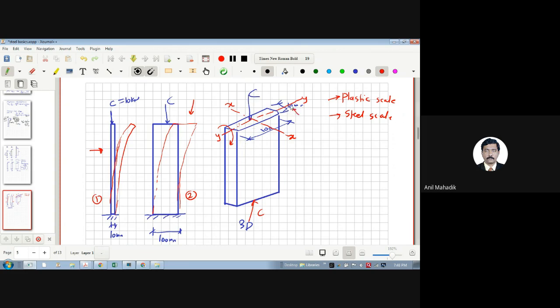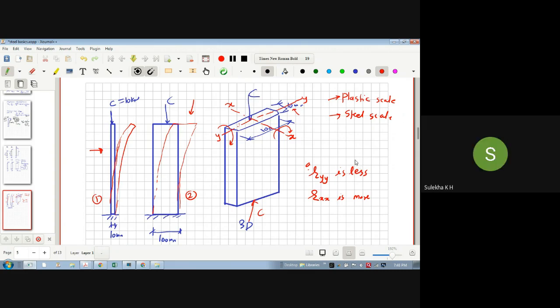Because its dimension is less, 10 mm. That means about the y-axis RYY is less, and RXX is more. Are you getting it?